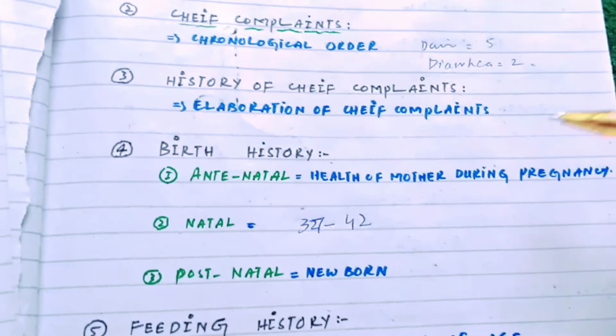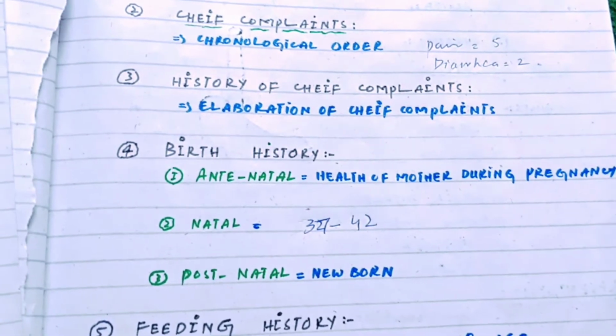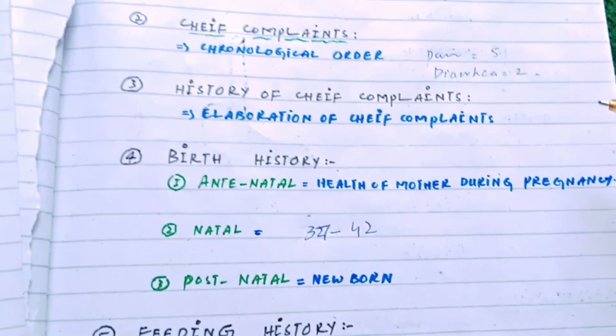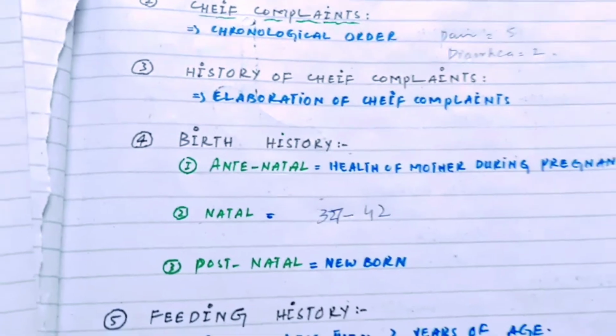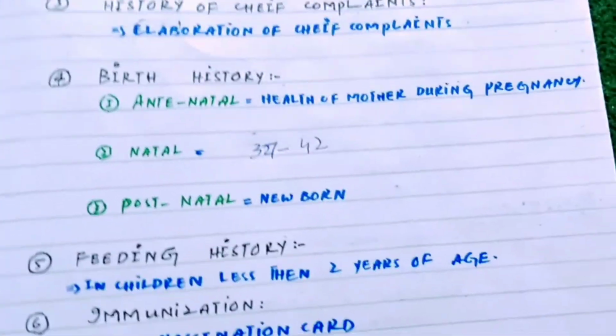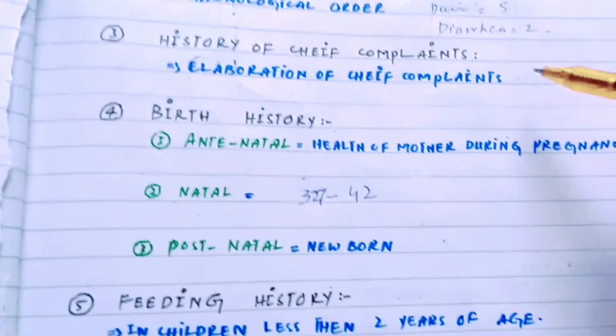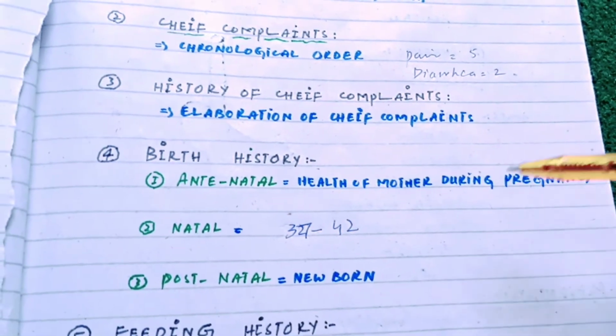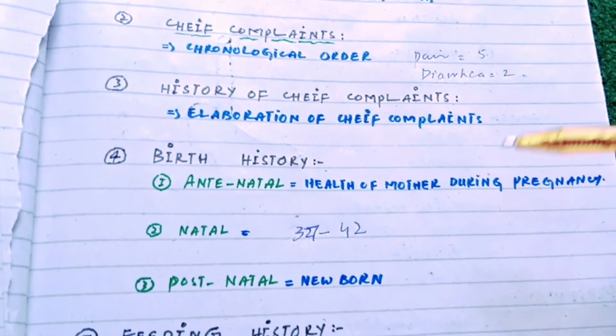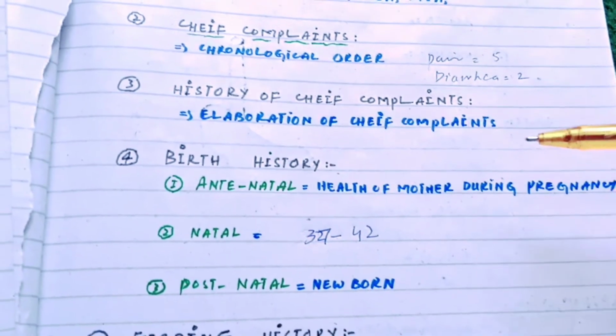For example, the duration of labor is normally 8 to 12 hours, but if the duration is prolonged, then it may indicate some diseases like cervical stenosis, etc. And ask about the mode of delivery, for example, whether it was spontaneous or attended by a dai.